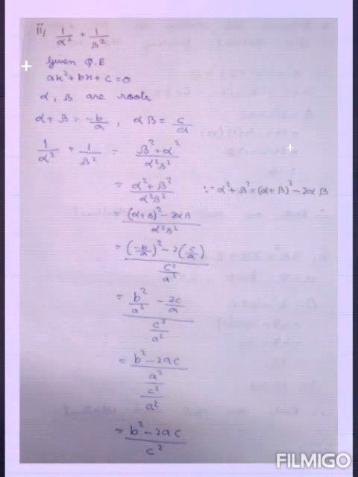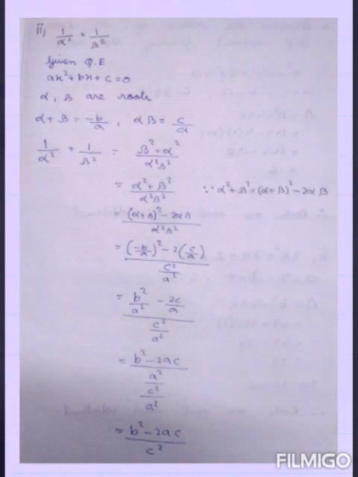We know one formula, that alpha square plus beta square equals (alpha plus beta) whole square minus 2 alpha beta. So we write (alpha plus beta) whole square minus 2 alpha beta in the place of alpha square plus beta square, and write alpha square beta square as it is.